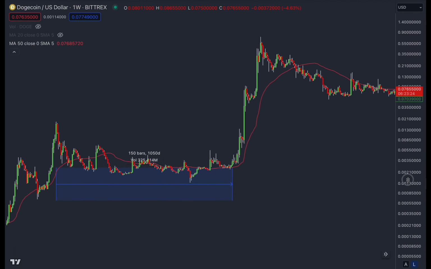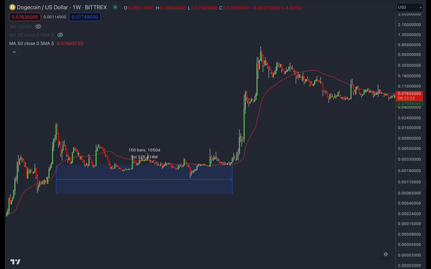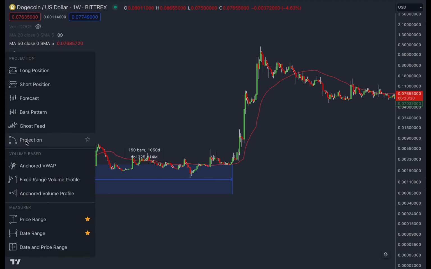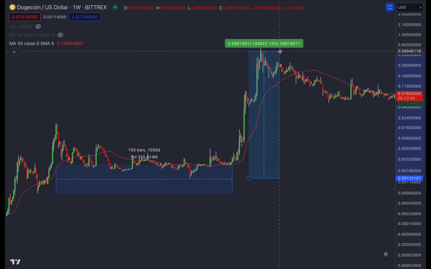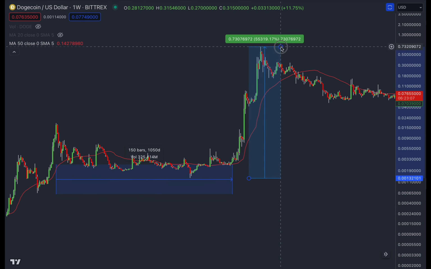After 3 years, this then goes up on a nice run. We'll actually take it from the low here. I think that's fair. Take it from the low of wave 2 to the high of wave 3. Wave 3 went 553 times.